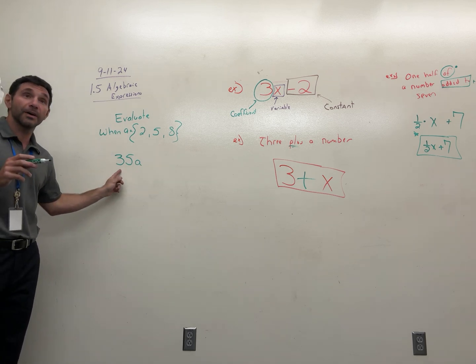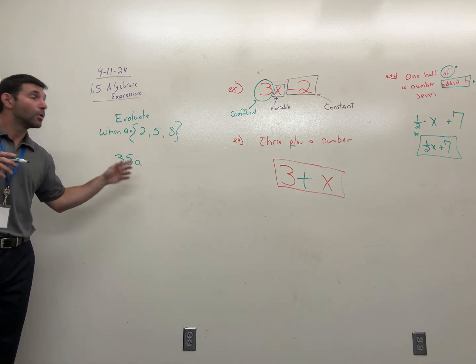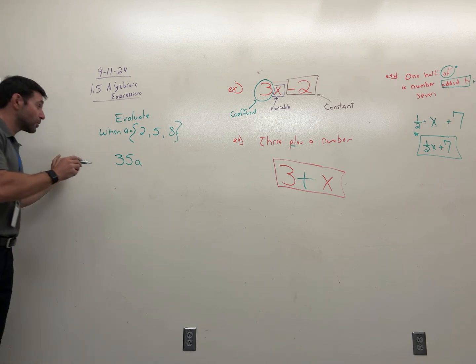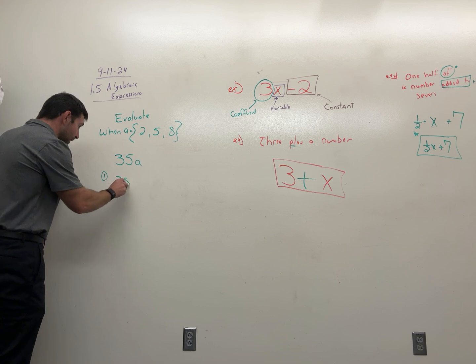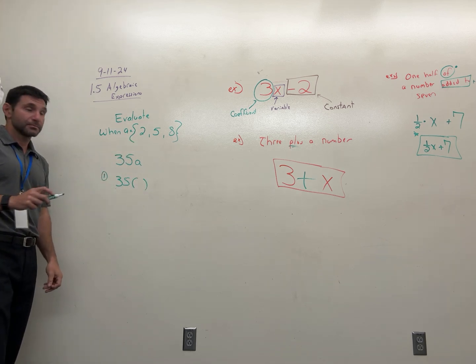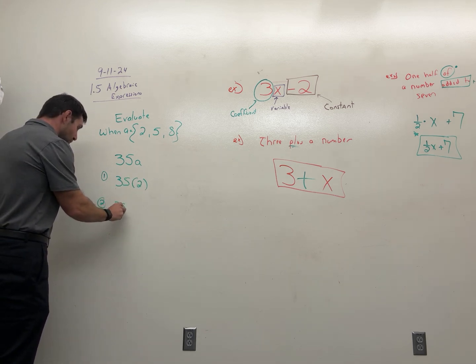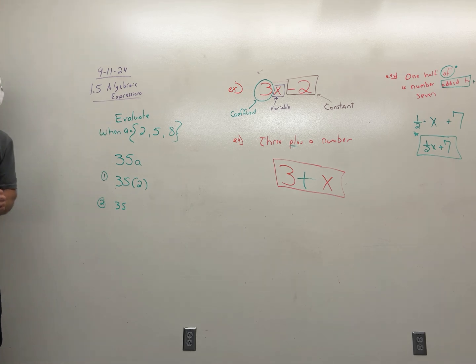So this is 35 multiplied by A. We have 3 things that A is. So I'm going to write down 3 different problems. I have 35 multiplied by, what's my first A? 2. There's problem number 1. Problem number 2, because we're finding this whole domain. Domain means what gets substituted in for the variable.